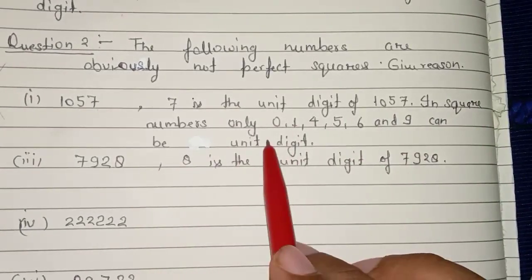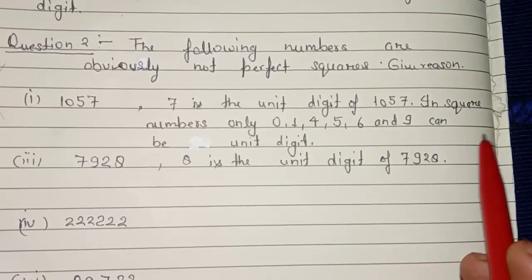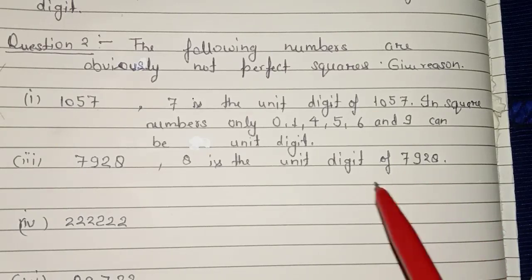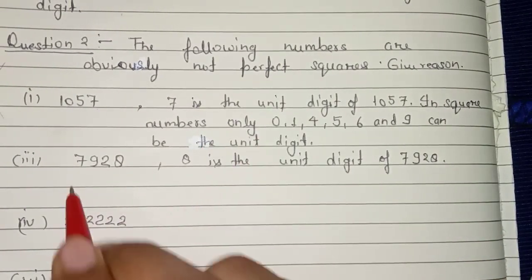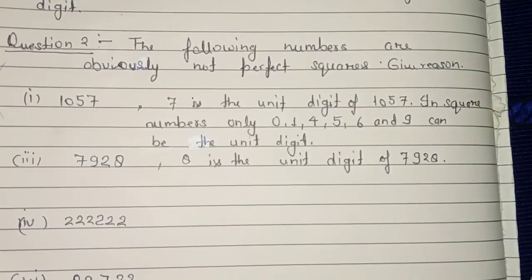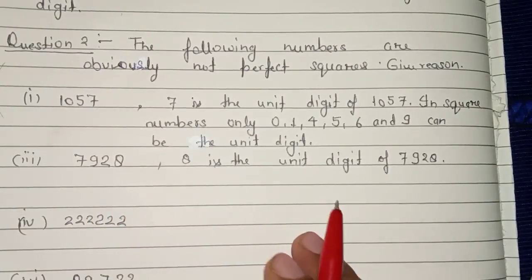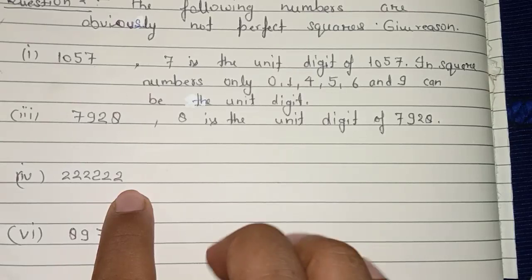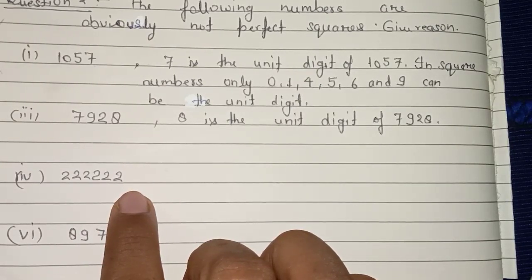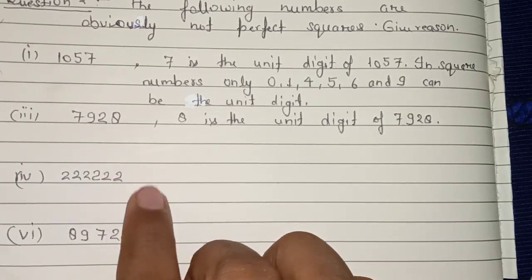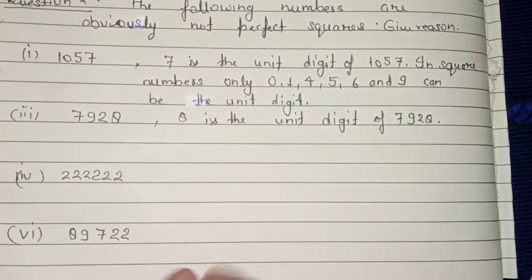In square numbers only 0, 1, 4, 5, 6 and 9 can be the unit digit. So this is not the perfect square. Again you can write the same thing here, because here 2 is the number which is given as unit digit. We never obtain 2 as a unit digit of a square number. So you can write the similar reason here, and the similar reason can be written here.